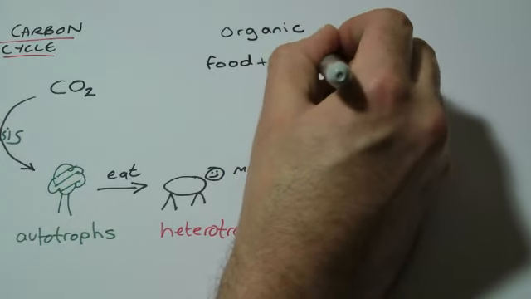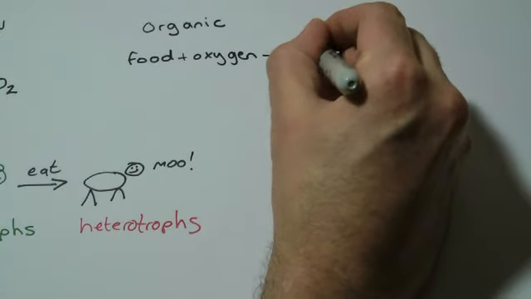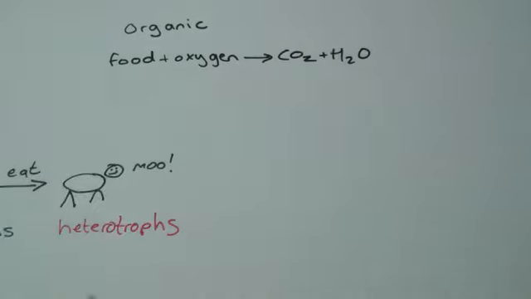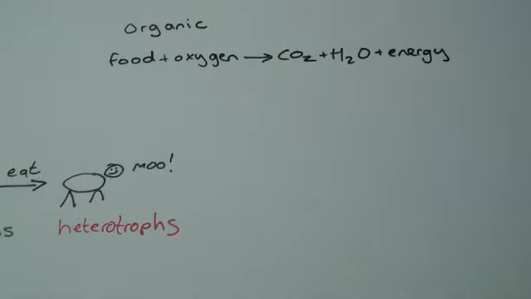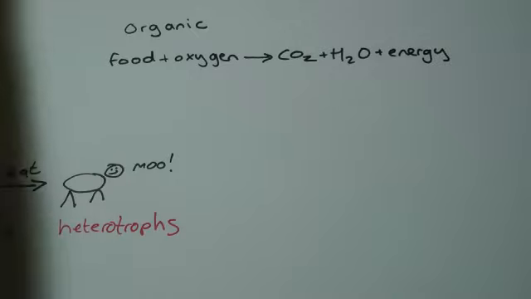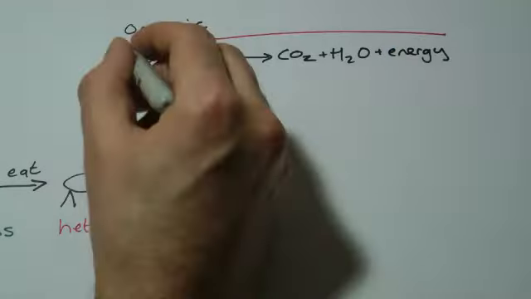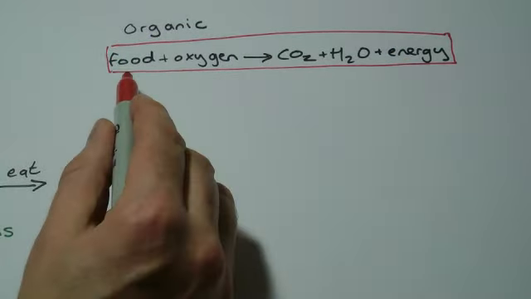And we need oxygen to be present. And it is broken down into carbon dioxide, water, and it releases energy. This is a really important formula in science. It's always worth remembering. Okay, remembering that the food could be anything.